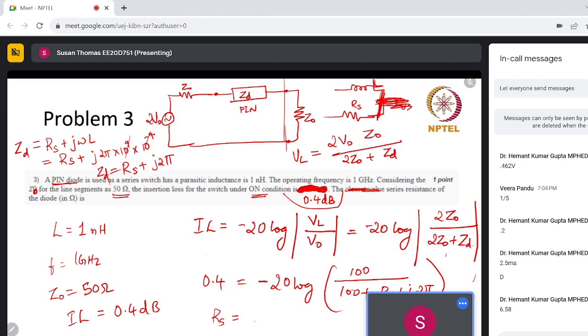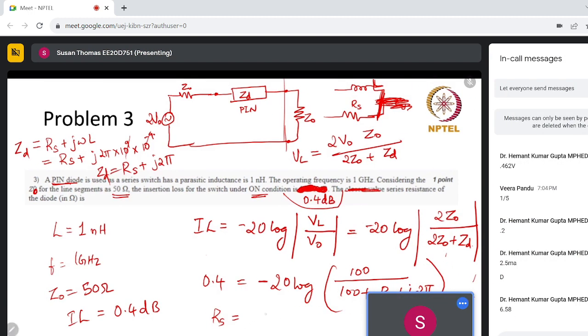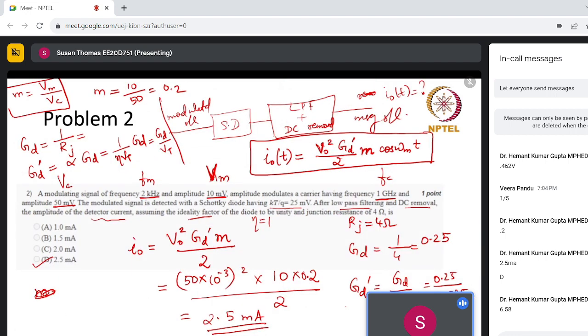As nobody else is responding, I request you to verify once again because I am getting an answer of 4.52 as the closest series resistance value. Please cross verify. I request everyone to check again if it is 6.58 or 4.52. I'm getting 4.52. Any doubts in this question?